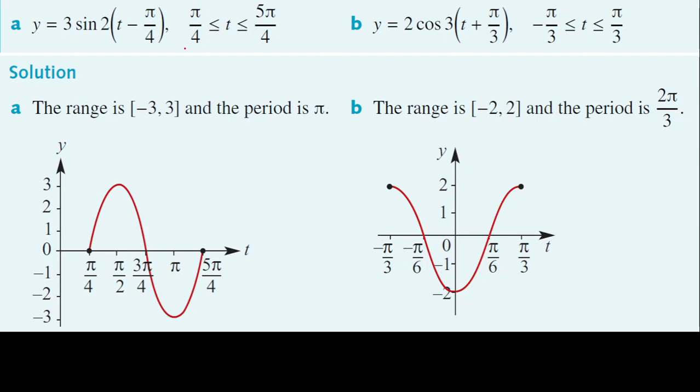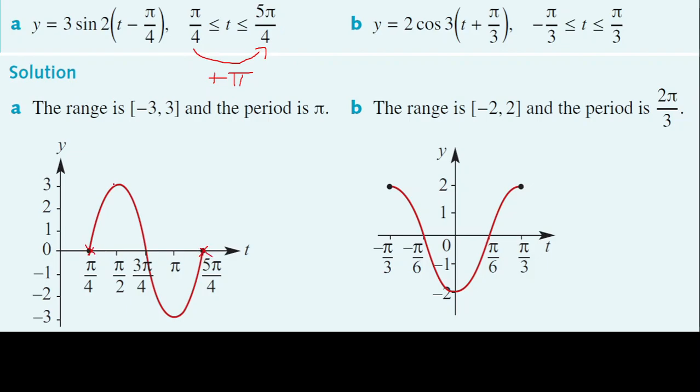Using the starting value of pi on 4, when you substitute that, that gives you pi on 4 minus pi on 4, which is 0. Sine of 0 is 0, so you start at 0 here. If you add pi, you end up at the upper boundary. So you start at 0 and you finish at 0.